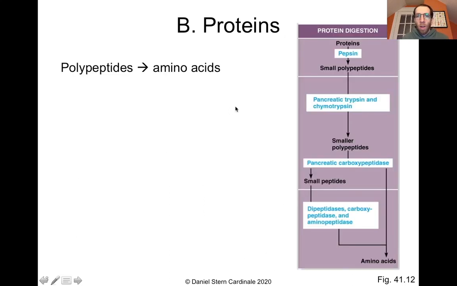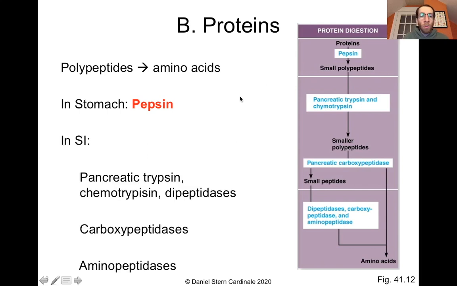The next macromolecule in line is proteins. So we're taking our polypeptides and we're breaking them down to amino acids. Protein digestion starts in the stomach, and we've already talked about the activity of pepsin, which generates smaller polypeptides. And then once you get to the small intestine, you have a number of enzymes: pancreatic trypsin and chymotrypsin, and dipeptidases, which break down dipeptides, 2 amino acids, into single amino acids.